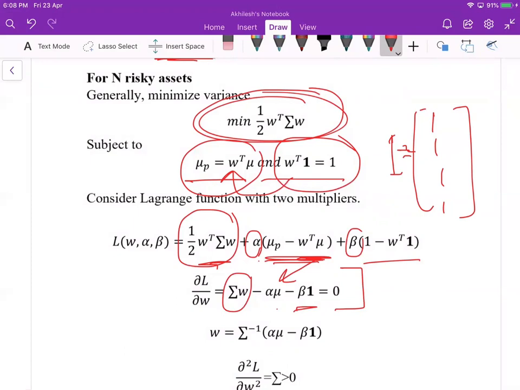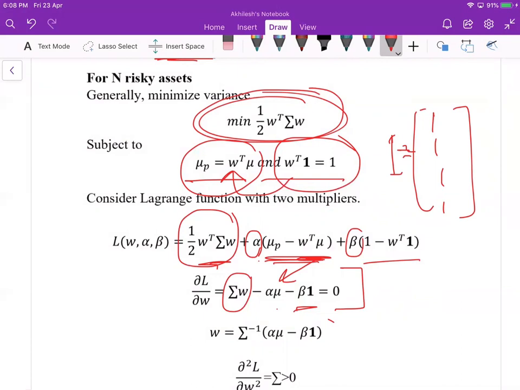Here w is the parameter. So the weight w is equal to this. And furthermore, you can take the derivative one more time, this is greater than 0, which means for L to be minimum, the value of w should be this. So here you need to eliminate alpha and beta from this equation.